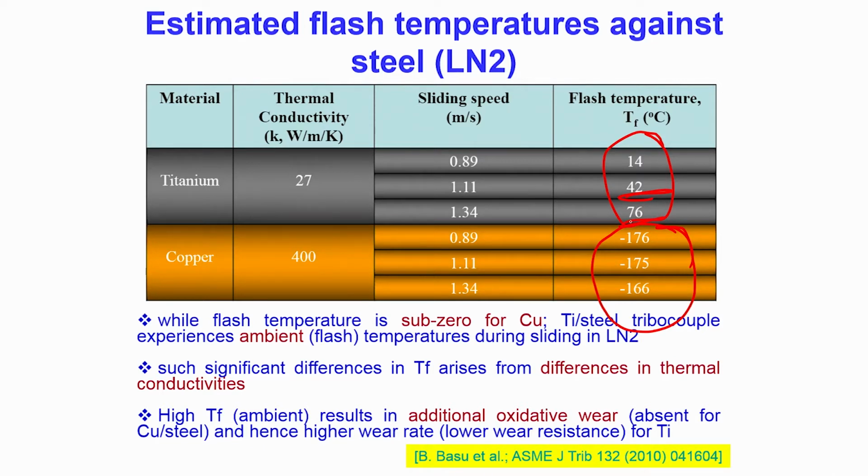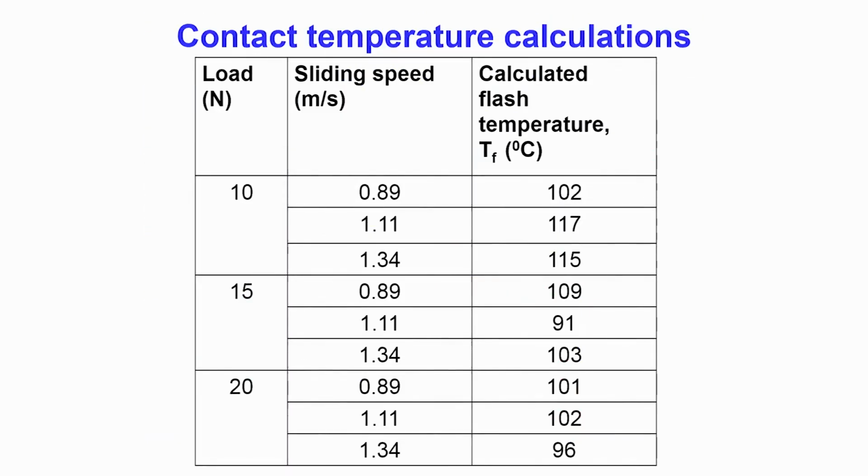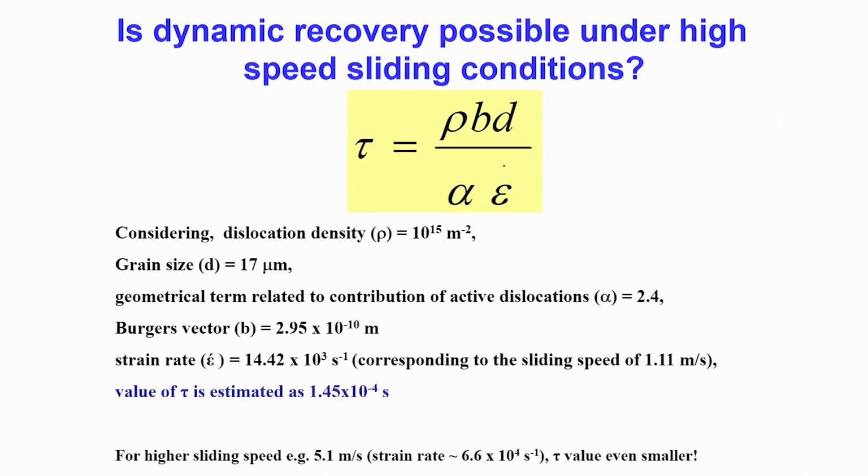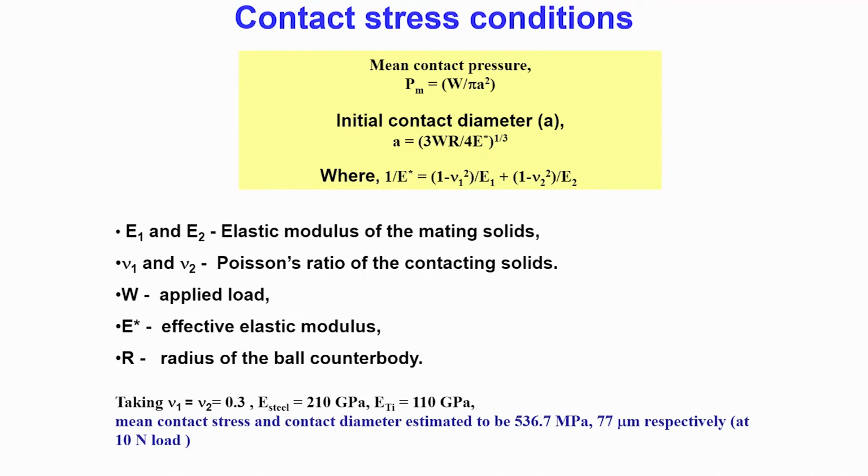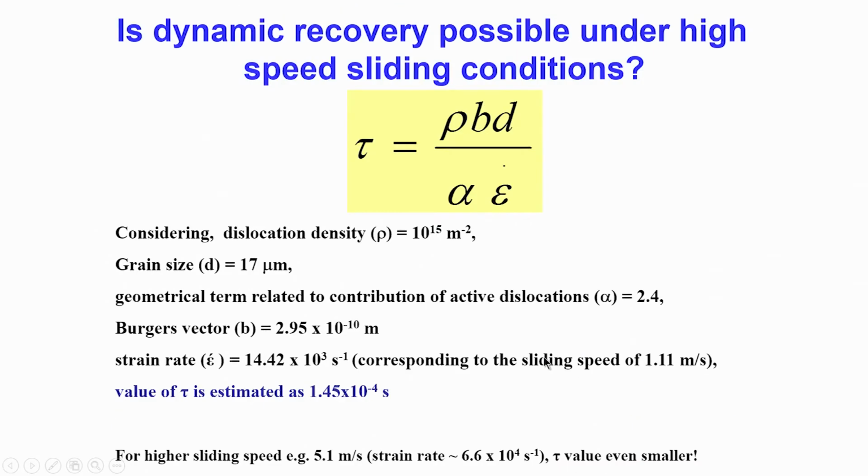So, because of the difference in the flash temperature, the wear rate in the case of copper is fairly low. So, these are the actual calculated flash temperatures for this specific tribocouple, and we have also calculated the contact stress in this particular case by taking the titanium modulus as 110 gigapascal, and we are getting a contact stress of 537 megapascal.